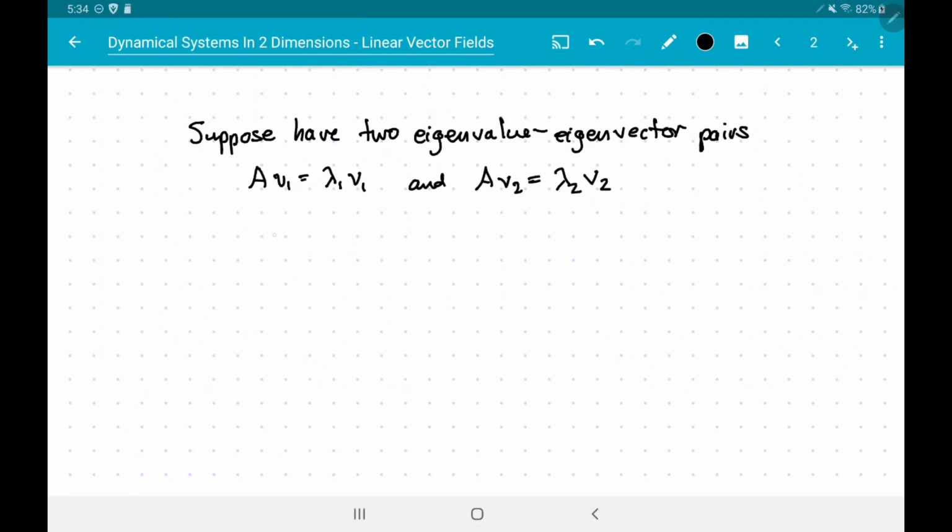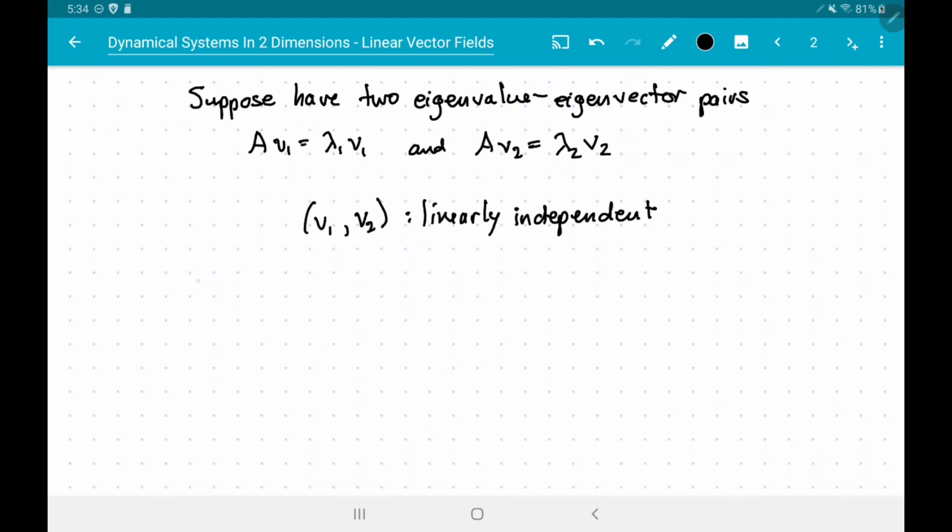And I'm going to assume that these are independent solutions, so v1 and v2 are linearly independent. And as long as lambda 1 and lambda 2 are not equal, that has to be the case. Things get a little strange if lambda 1 happens to be equal to lambda 2. We will talk about that later.